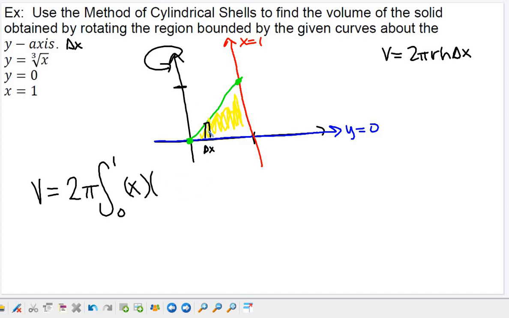So from the x equals 0, y equals 0 to the function, this distance is my height. So this is r, this is h, of my cylinder, my soup can. So that would be the cube root of x. And then delta x becomes dx.